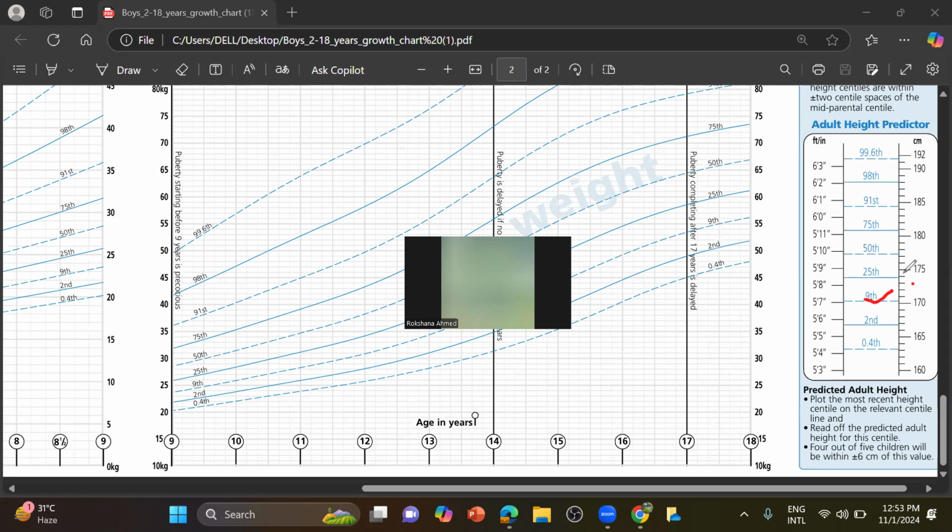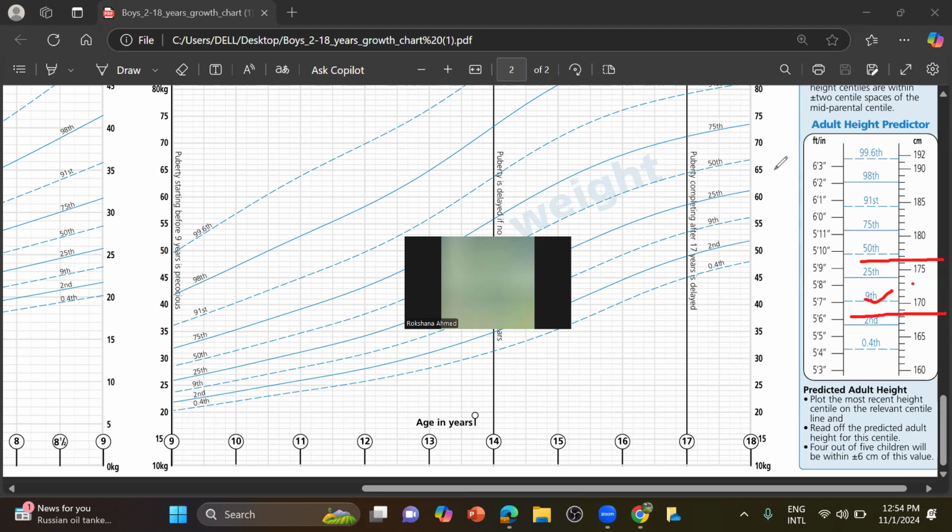So 170 plus 6 and minus 6 gives a range of 164 to 176. Okay, so his expected height is between 164 and 176. I think it is clear now.